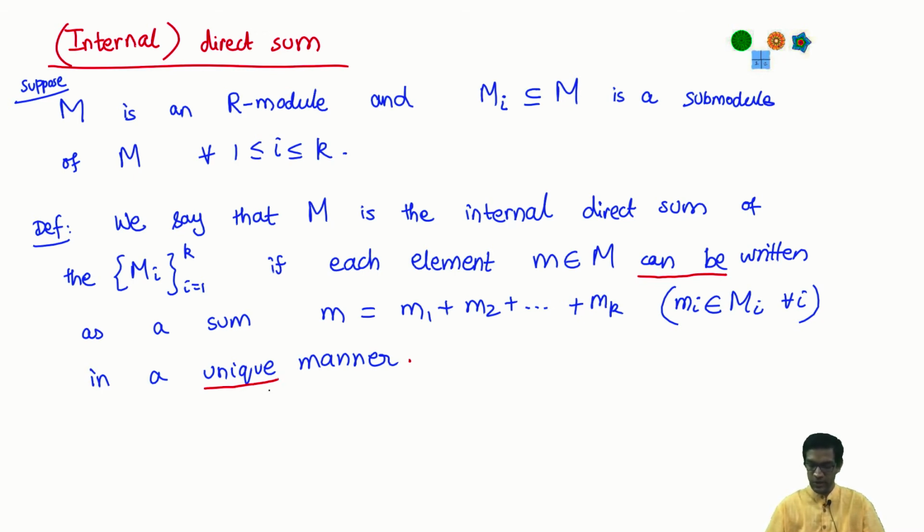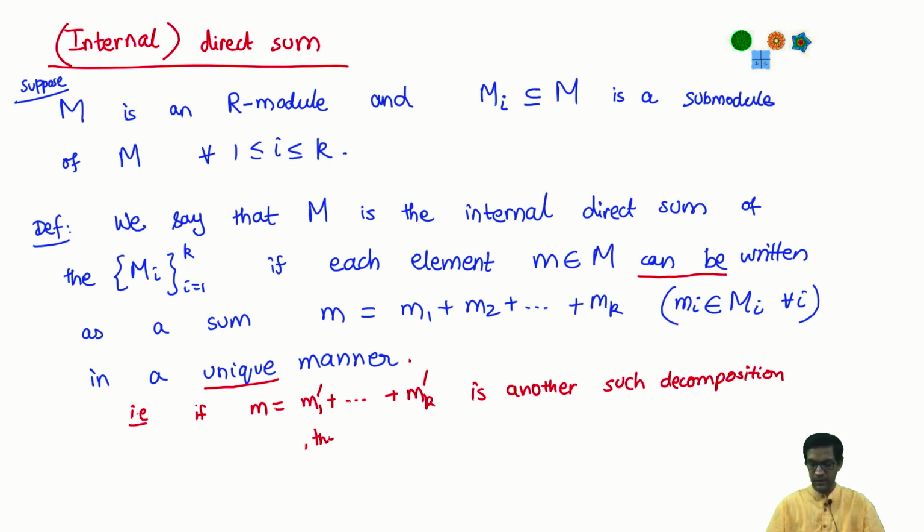Okay, so what does this unique mean? Let me just explain that a little bit more. Unique manner means if I can find another such decomposition, m1 prime plus m2 prime plus mk prime is another such decomposition of m, or way of writing it into a sum, with the mi primes all coming from the submodule capital Mi, then the mi and the mi primes have to be the same for all i from 1 to k.